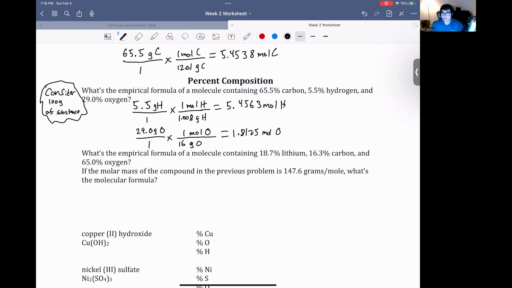That's not really helpful. So what we're going to do is divide by the smallest number here. I'm going to divide these all by 1.8125 from the oxygen.